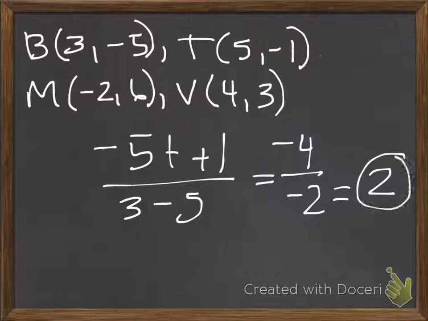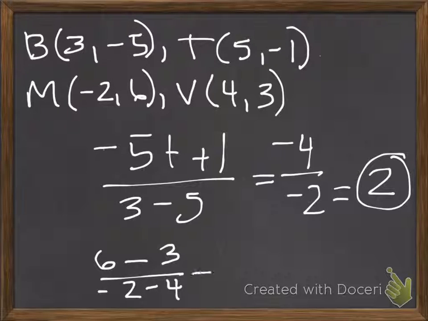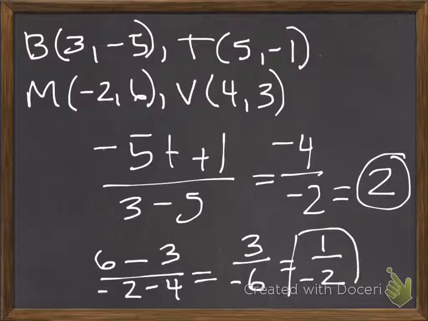So positive 2, we're comparing to MV. And again, we have opposite signs and reciprocals, so these would be perpendicular.